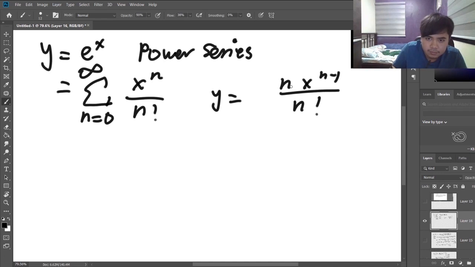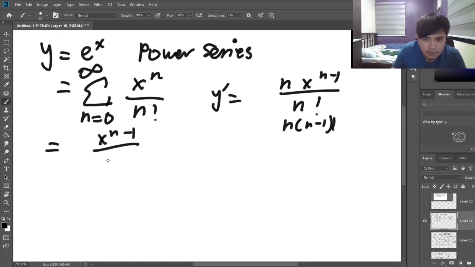Right? And then we can simplify this, since n factorial is just n times n minus 1 factorial, we can cancel n from numerator and denominator to get x to the n minus 1 over n minus 1 factorial.